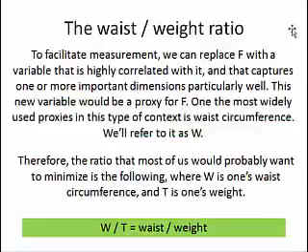So now we get to the waist to weight ratio. To facilitate measurement, we can replace F, total fat mass, with a variable that is highly correlated with it and that captures one or more important dimensions particularly well, dimensions associated with body fat, and particularly damaging body fat.